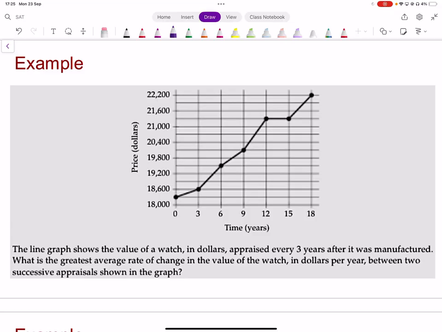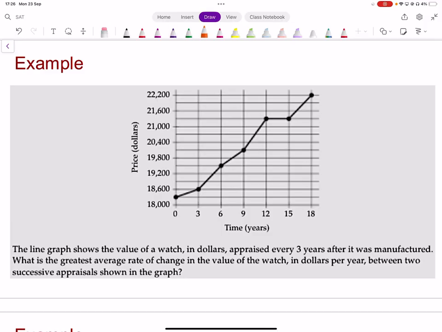The line graph shows the value of a watch in dollars, appraised every 3 years after it was manufactured. So it is updated after every 3 years. What's the greatest average rate of change in the value of the watch in dollars per year between two successive appraisals shown in the graph?